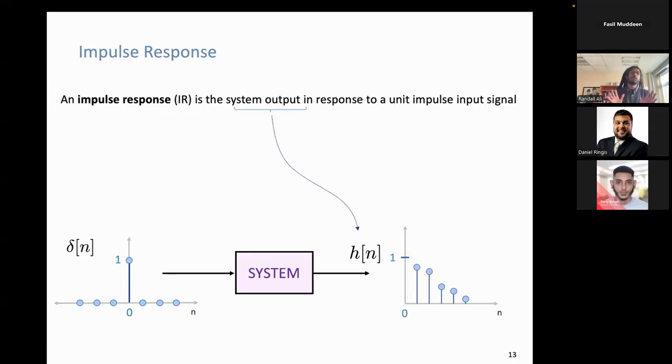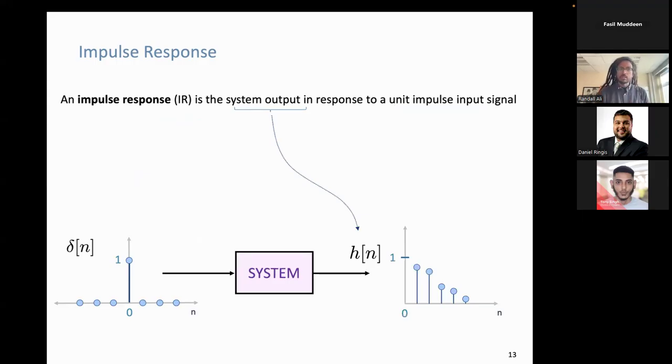That output is what we call the impulse response of that system. It is a fairly simple, basic idea, right? You apply this to your system, you get some string of values, that's your system output.